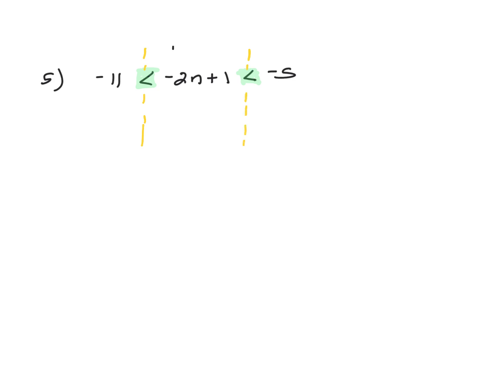And remember, you've got your middle and you've got your 2 ends. So we want to undo adding 1 first, so we want to subtract 1. And therefore, whatever you do to the middle, you need to make sure that you do the same thing to both ends. So that gives me a -12.